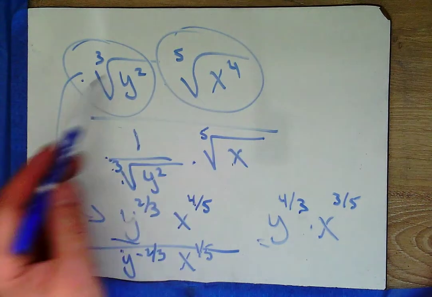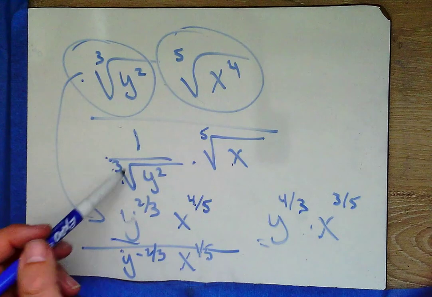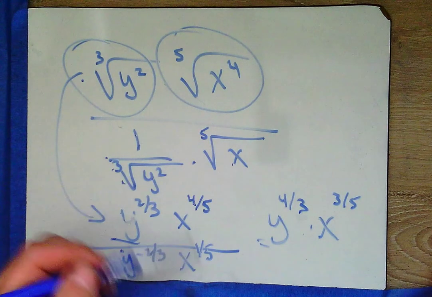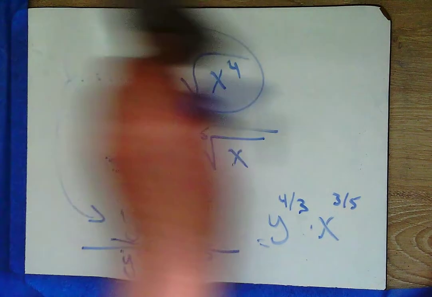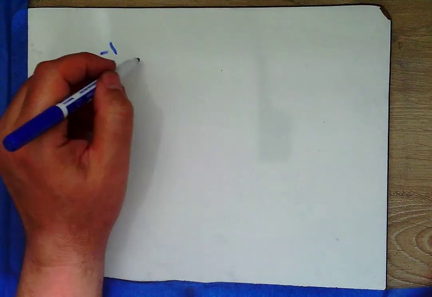It's much better than dealing with how do I put these all under one radical? What do I do with this thing down on the bottom? Turn them all into rational exponents, which is one of the reasons why we looked at rational exponents before we looked at radicals.